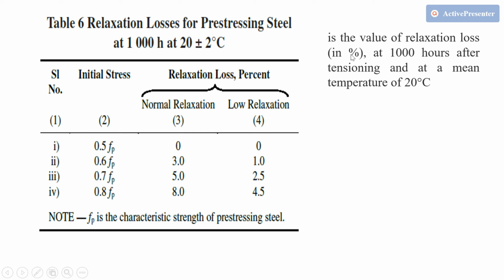This value corresponds to the relaxation loss in percentage at 100 hours after tensioning and at a mean temperature of 20 plus or minus 2 degrees Celsius. And for the initial stress, you can find the relaxation for normal relaxation and low relaxation. These two values, based on the question, you can answer. So these are the losses in pre-stress, that is the 6 losses, immediate loss and time dependent loss. And now we will discuss the numerical part of these losses.